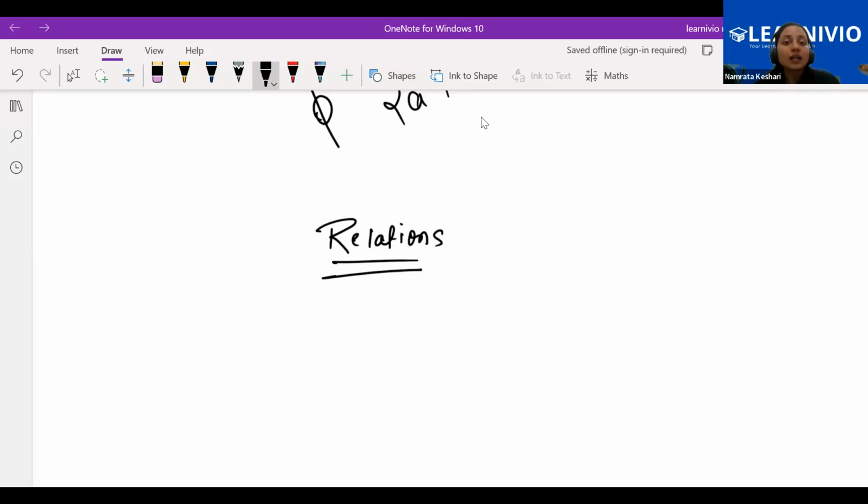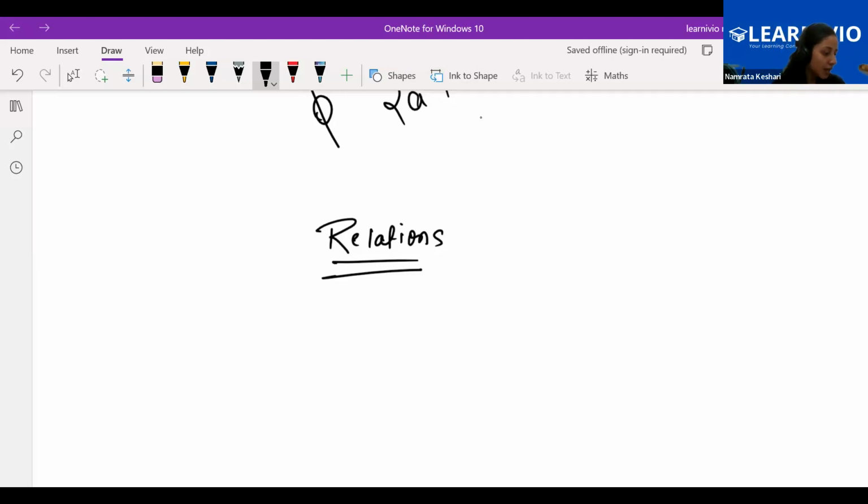That was called Cartesian product. Now here we will see relations. Relation means it's just like the relation between two persons, or between any pair. Here we are talking about the relation between two sets, so it is linked to the concept of Cartesian product.